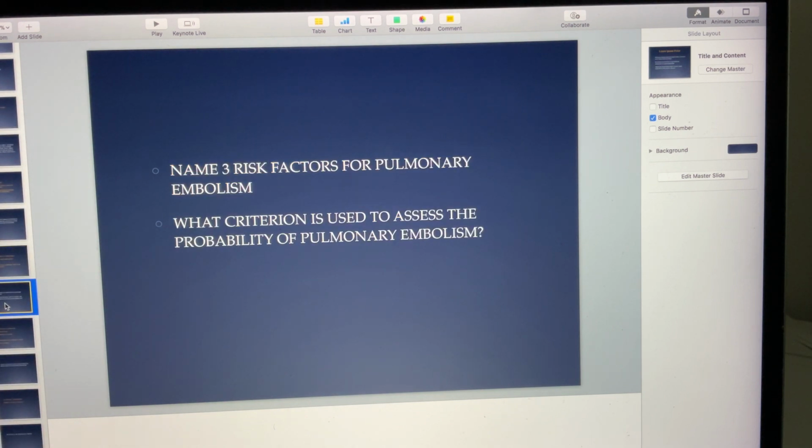All right, next question. Name 3 risk factors for pulmonary embolism. Okay, and what criteria is used, or what score can you use to evaluate the probability of pulmonary embolism?